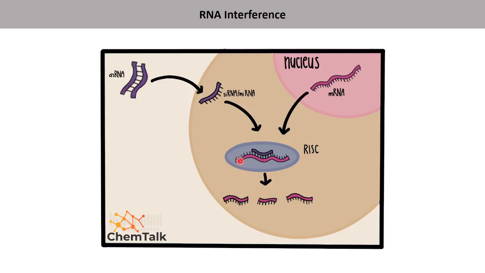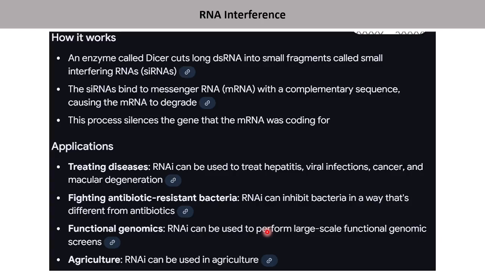And once this RISC complex gets attached and this microRNA or small RNA gets attached with the mRNA, which is coming from the nucleus, this will get degraded and cut into small parts of the RNA and the functional protein will not form.